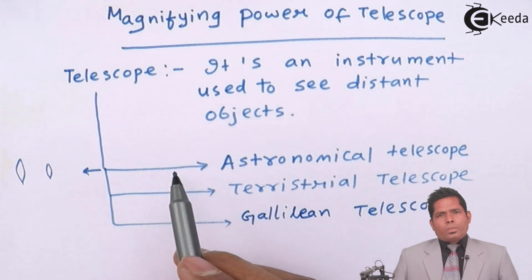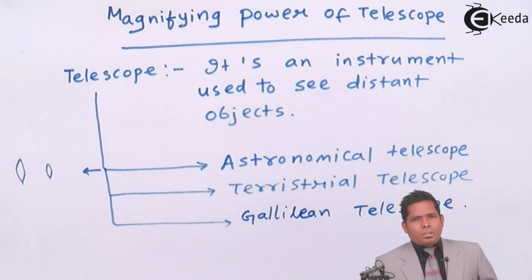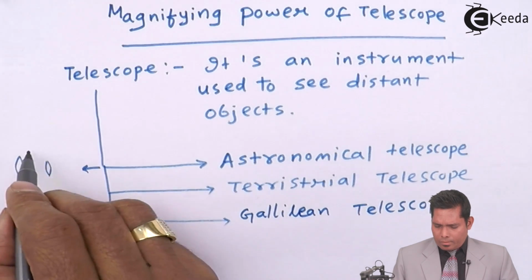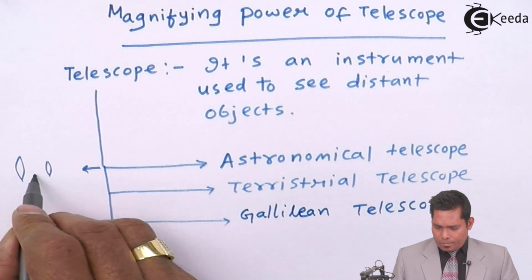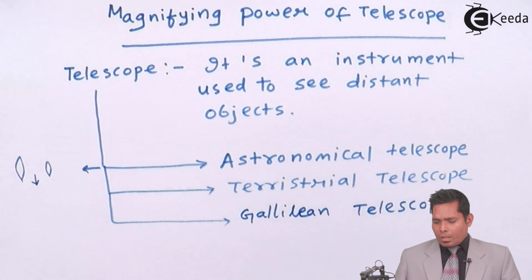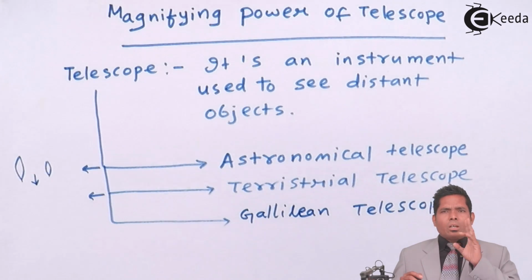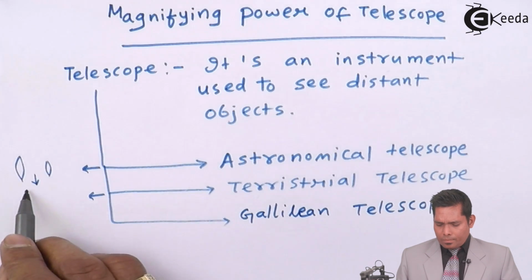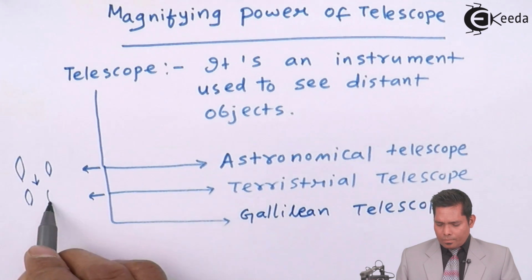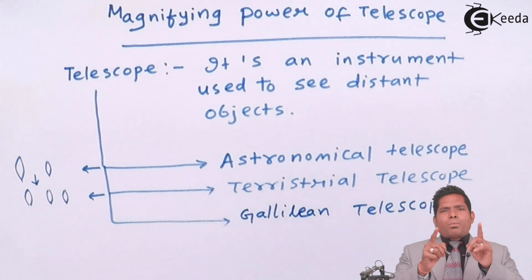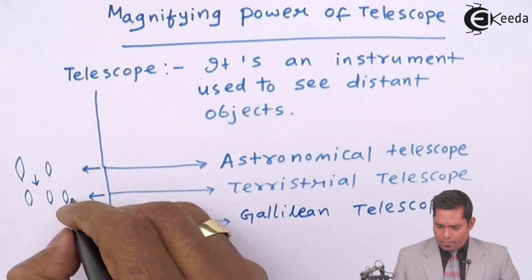Here, the final image that is formed is inverted. Here, we are using three convex lens and the image formed here is erect.